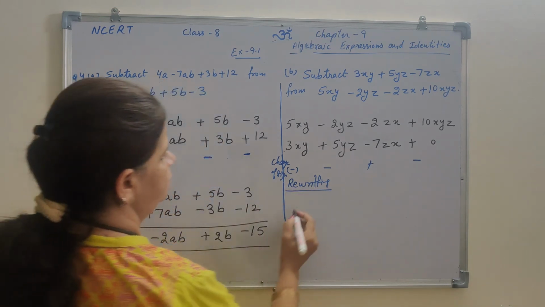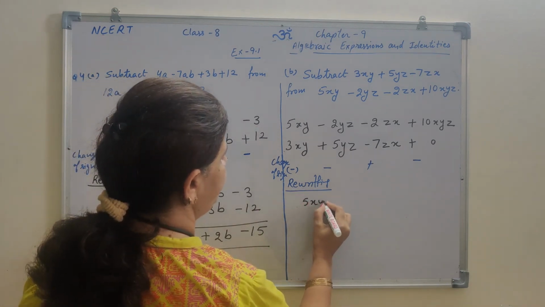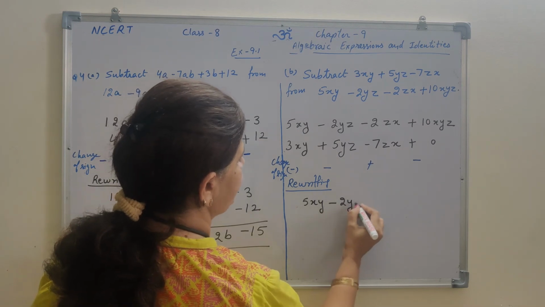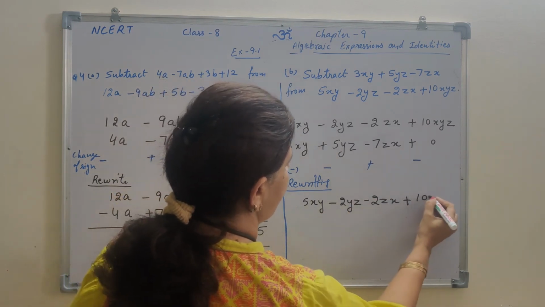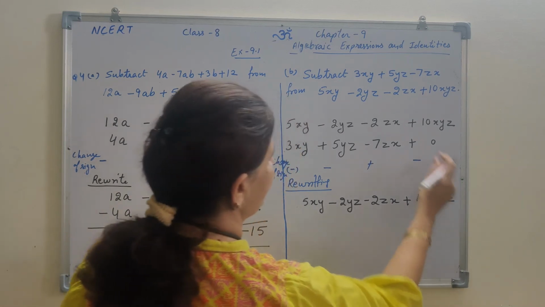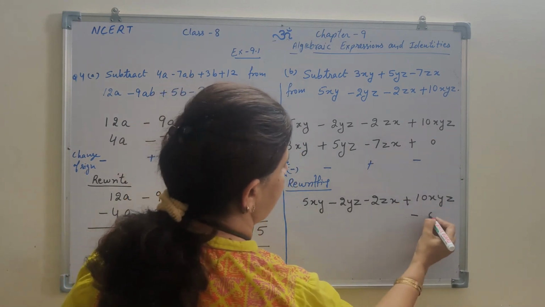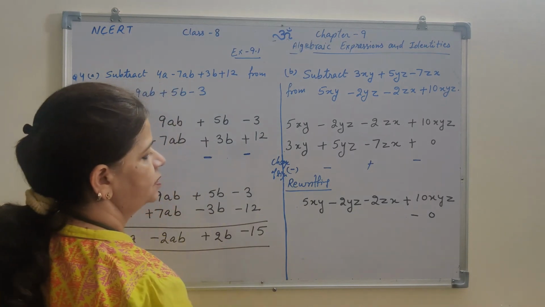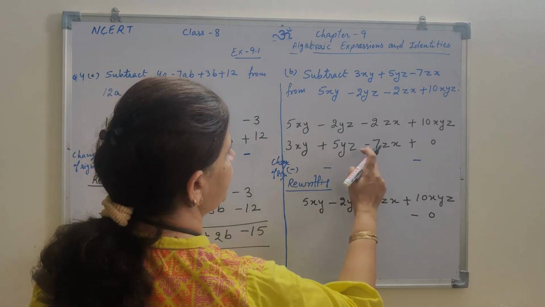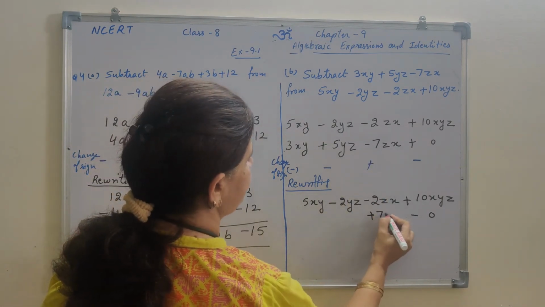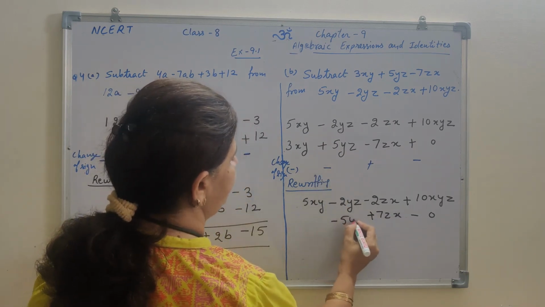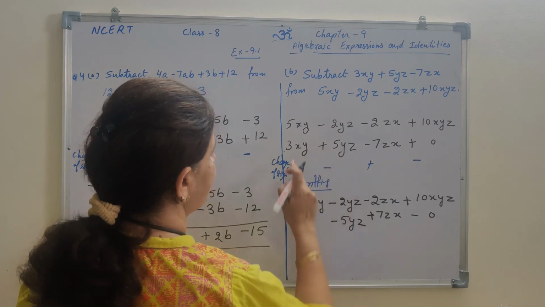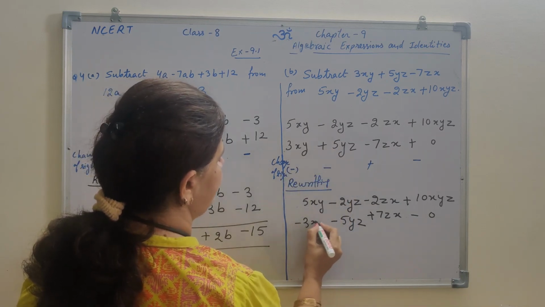So it will come 5xy minus 2yz minus 2zx plus 10xyz, and no change whether we write plus 0 or minus 0, no problem. This is plus 7zx, this is minus 5yz, minus changed, and this is also minus 3xy.